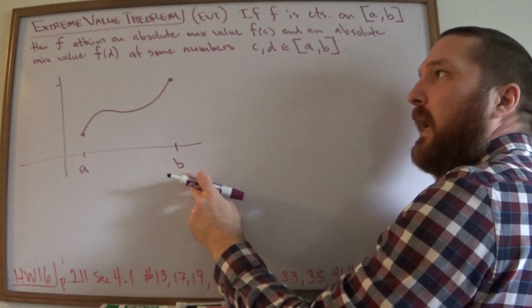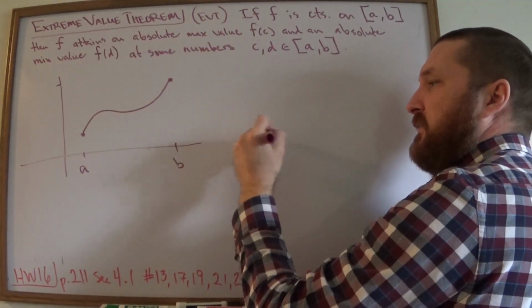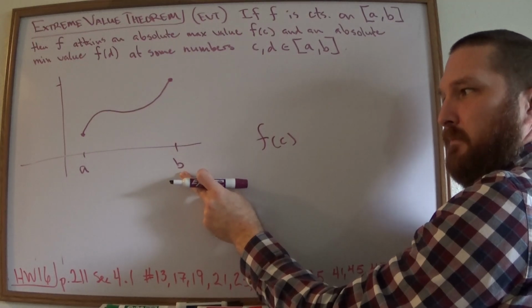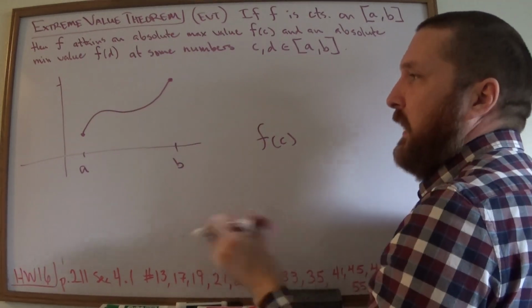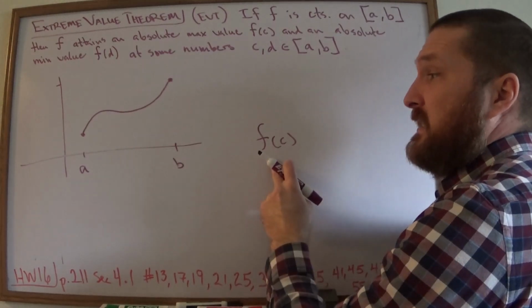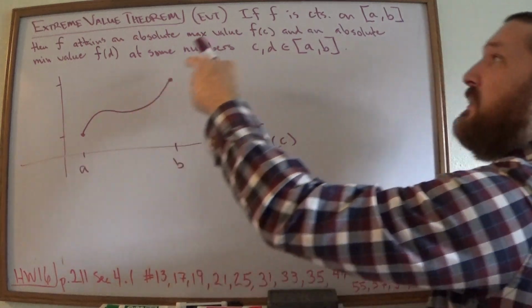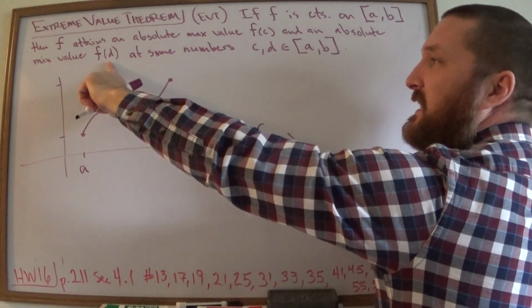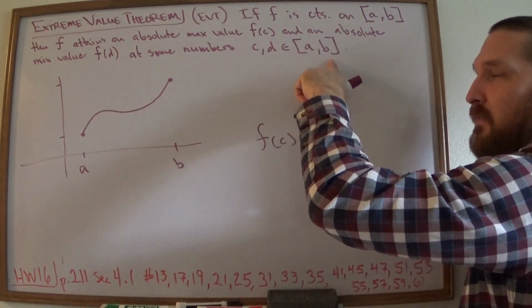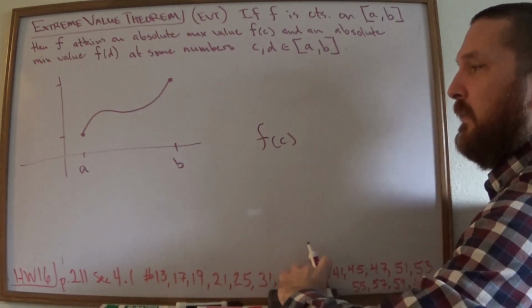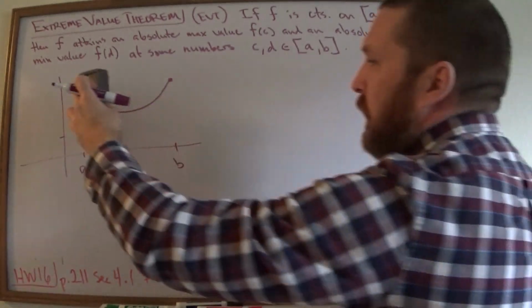And so in this case, the absolute max, the f of c, the c happens to be the b. Okay, it attains an absolute min down here at f of a. And so the absolute min, the d that happens to be in this interval, happens to be the a value right there.